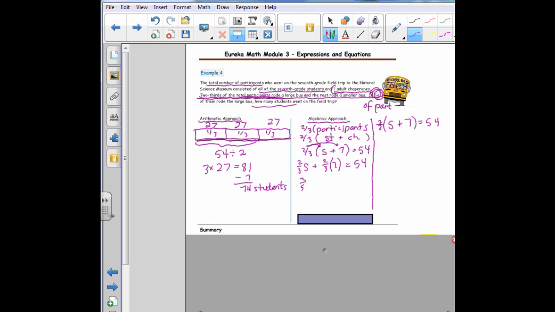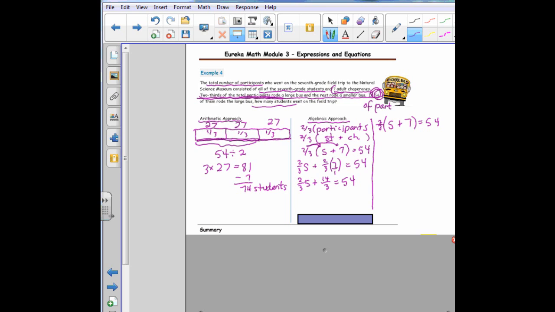Two-thirds of S, oops, let's rewrite that neatly. Two-thirds of S. And then here, let's multiply that out. That's 7 over 1, so that's 14/3. And that's equal to 54.